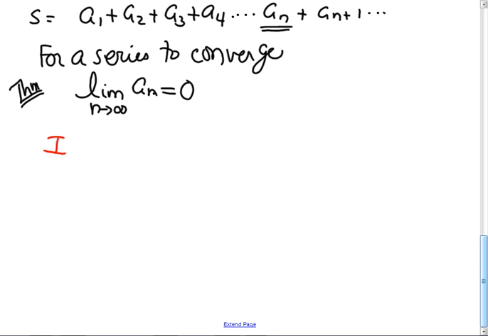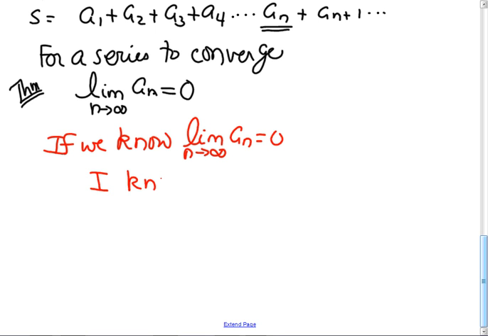If we know that the limit of a sub n equals 0 as n goes to infinity, I know nothing.